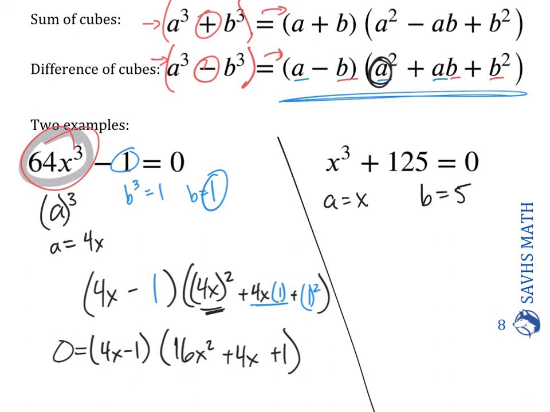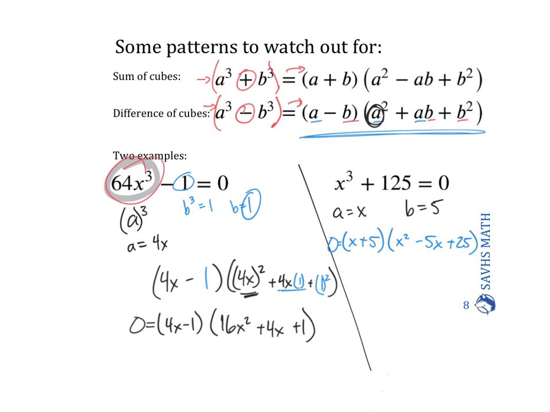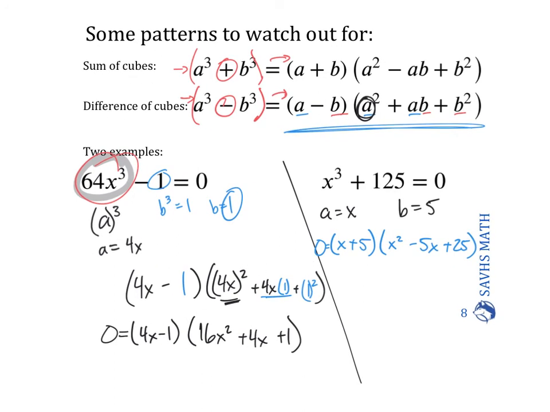So I get x plus 5 times x squared minus 5x plus 25, and that is equal to 0. Again, I could apply the zero product property and use quadratic strategies to solve that equation. I'm not going to do that here. This is just a little run through of a couple of formulas that might speed things along for you. This is not something you absolutely have to know.